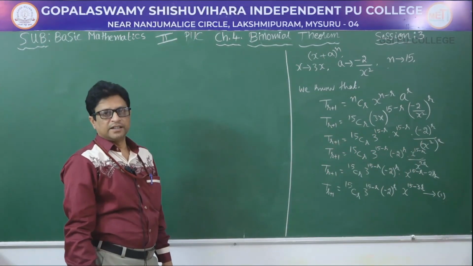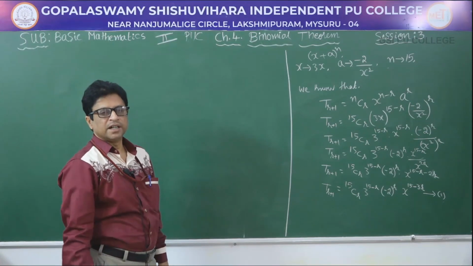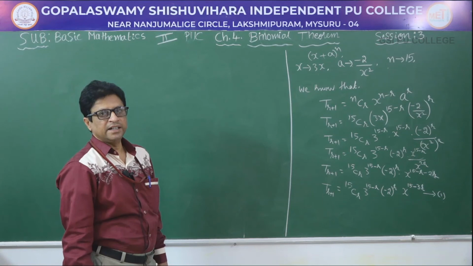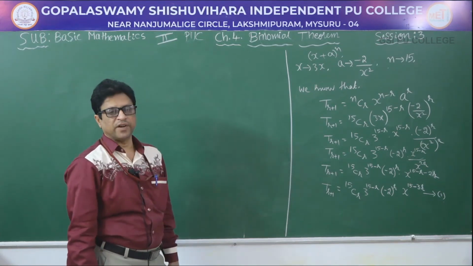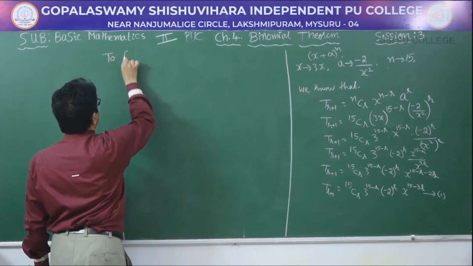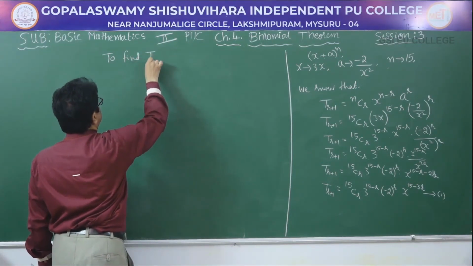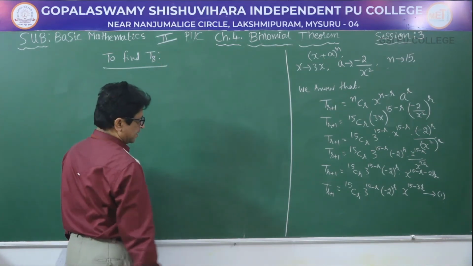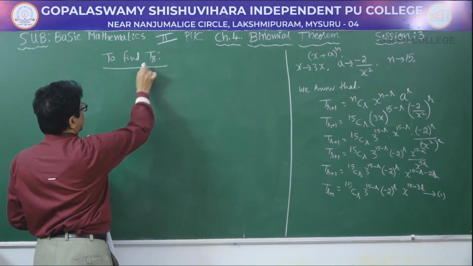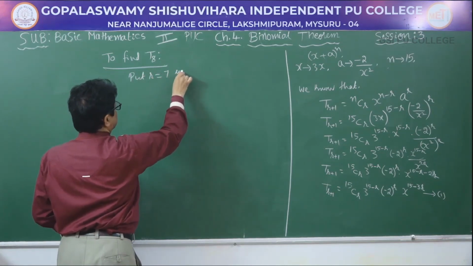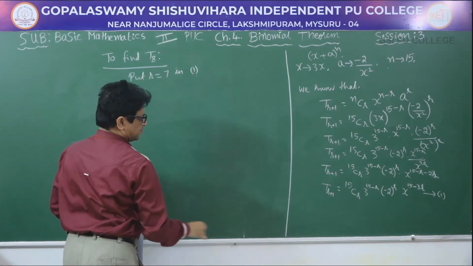Now, our aim is to find the middle terms of this expansion. In this problem, the middle terms are T8 and T9. So, first let us find T8. Since we have to find T8, put r is equal to 7 in 1.